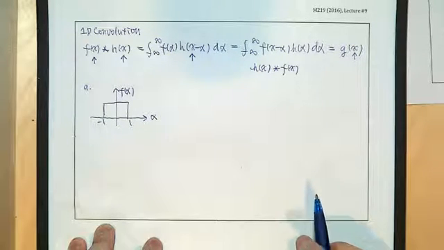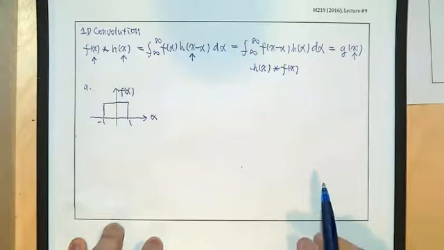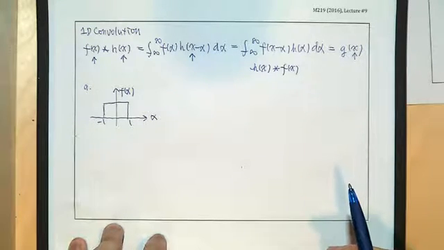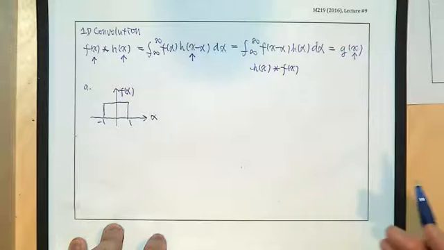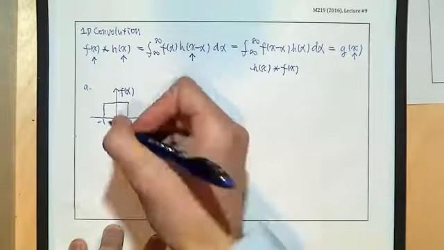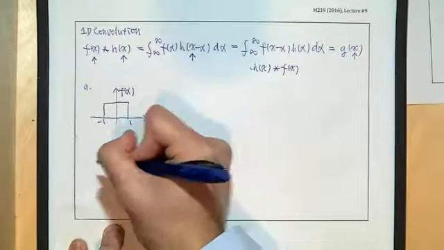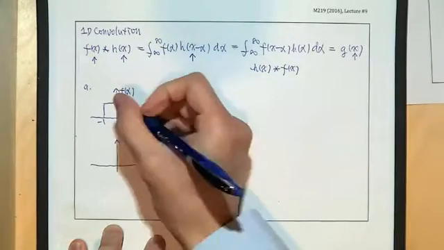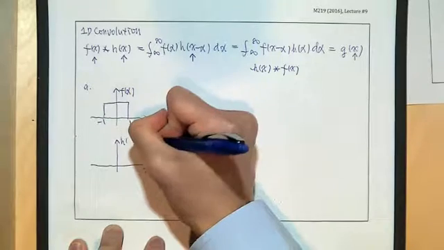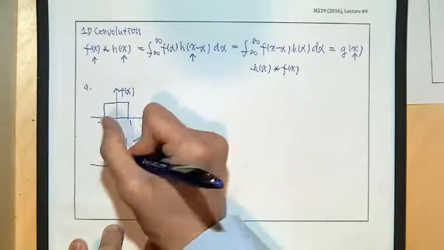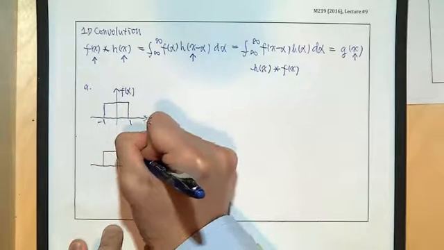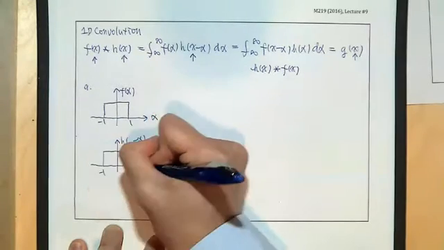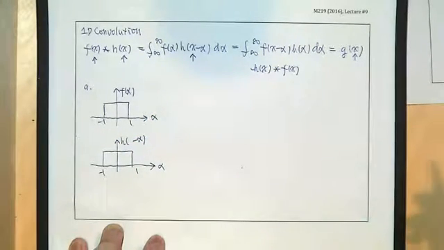We do know that the minus alpha entails flipping a function. Here, because the function is symmetric, flipping it gives us the same thing. So this is h of minus alpha. And here I'm assuming f and h are the same function, but generally they don't have to be.